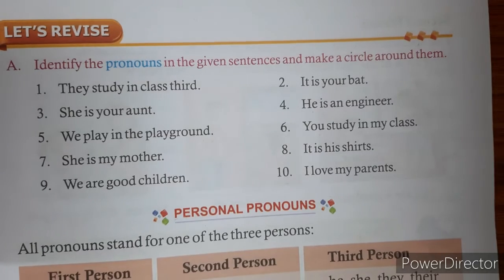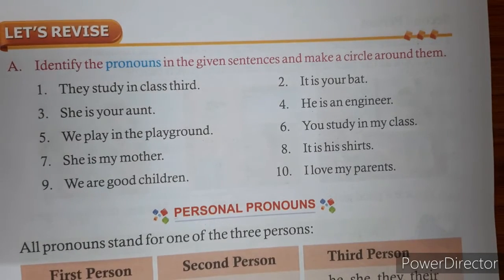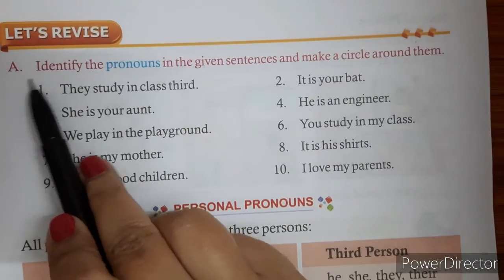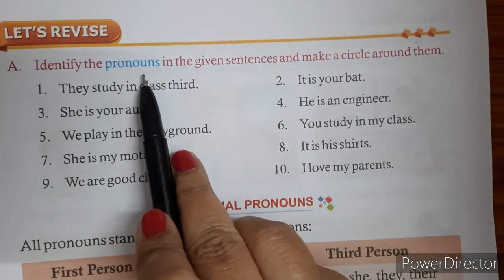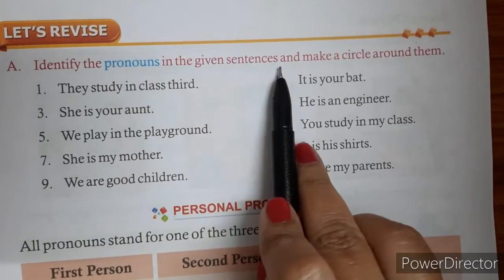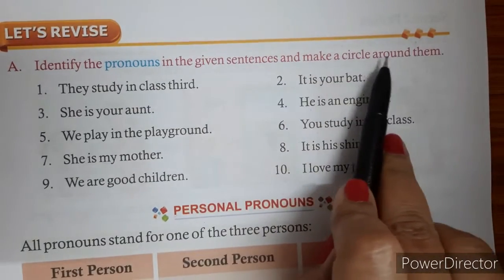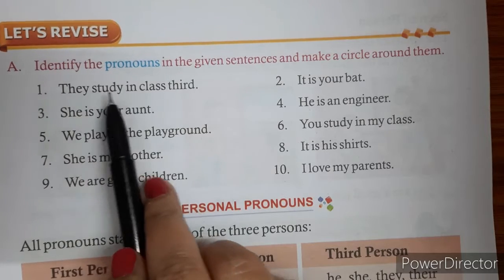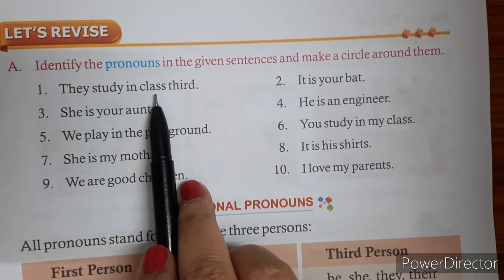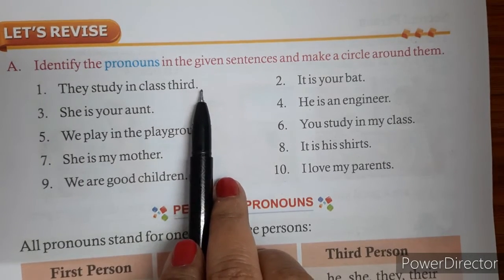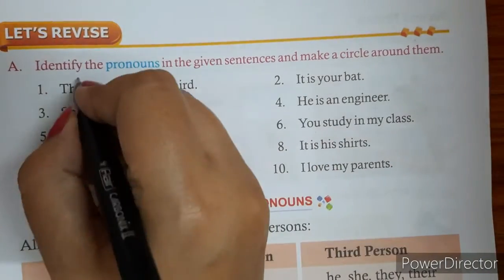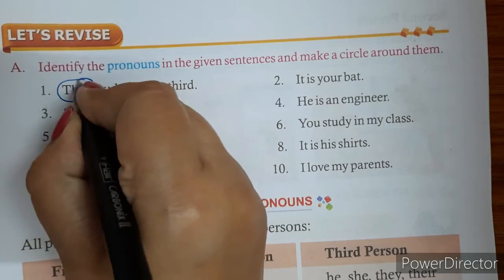Students, let's revise on page number 29. Question number A. Identify the pronouns in the given sentences and make a circle around them. Sentence number 1. They study in class 3rd. Here, the pronoun to be circled is they.